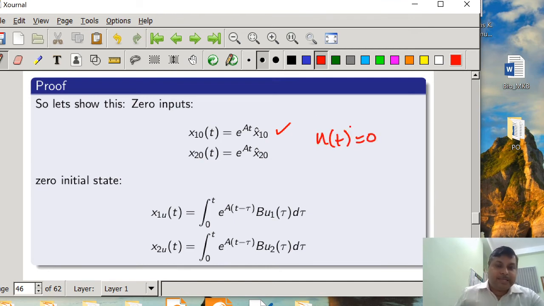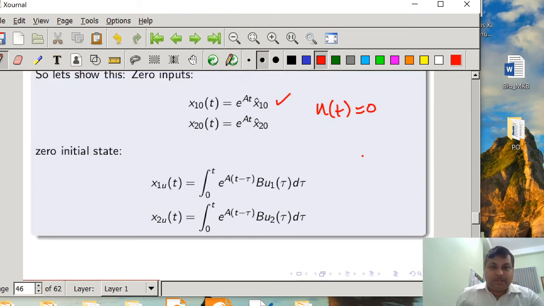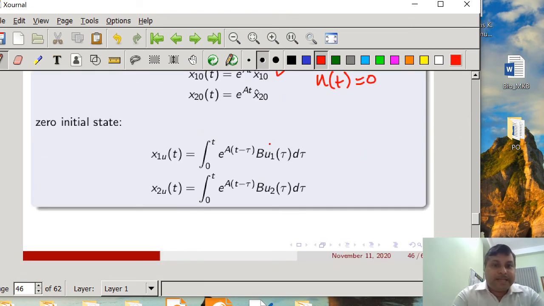In the next case, if the initial conditions are 0 and we excite the system with the input u1, we get the states like this. Here the x hat of 0 is equal to 0, meaning initial conditions are 0, and if the same system is excited by u2, we get x2u(t).